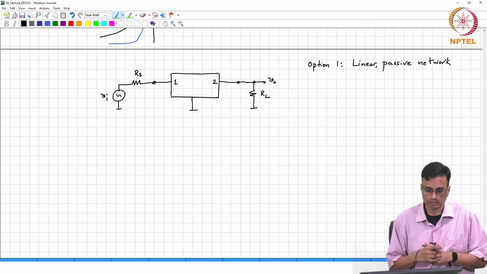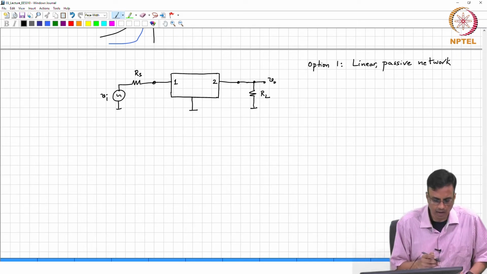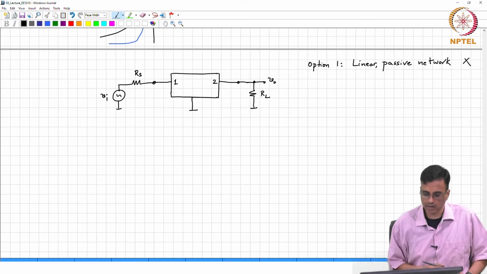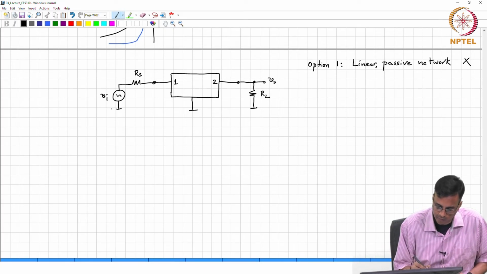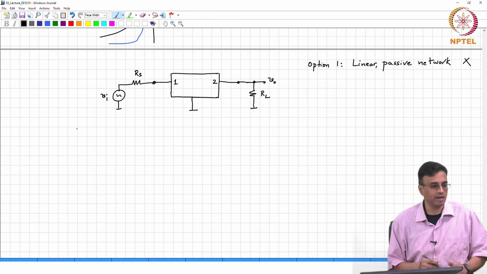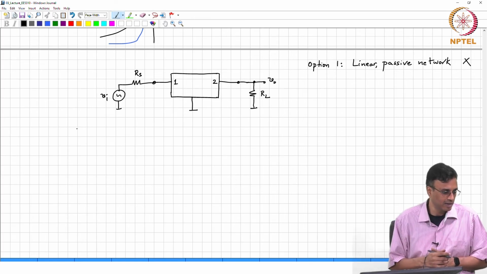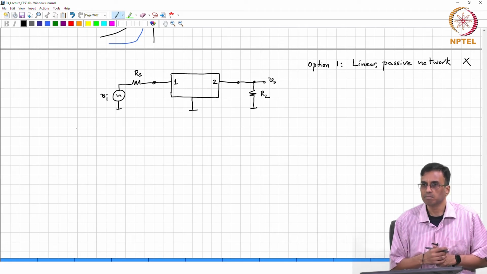Okay. All right, then I say, well, this is very clearly a non-starter. I mean, evidently you can't get more energy in RL from that compared to that drawn from Vi.